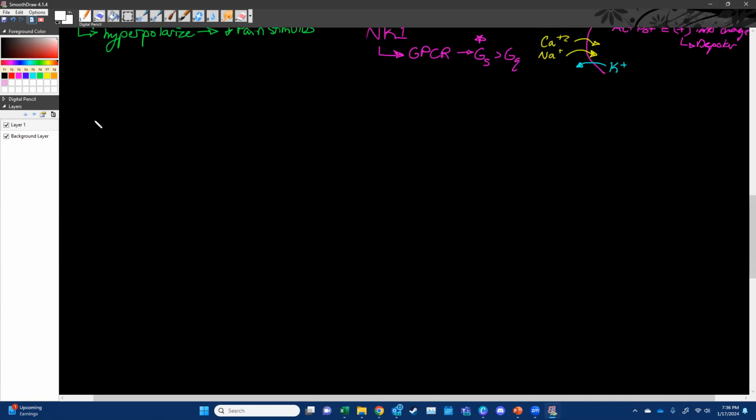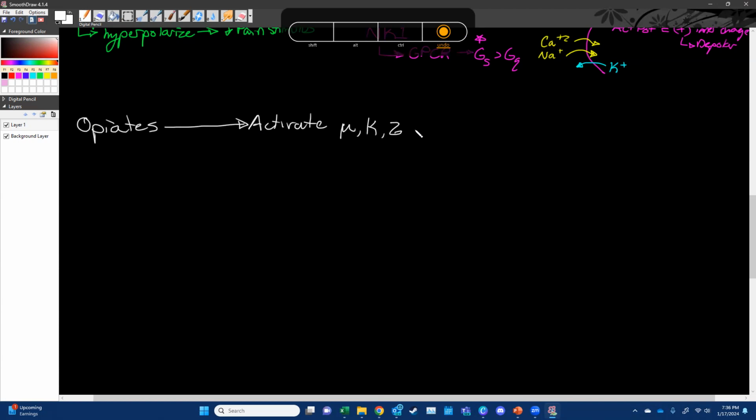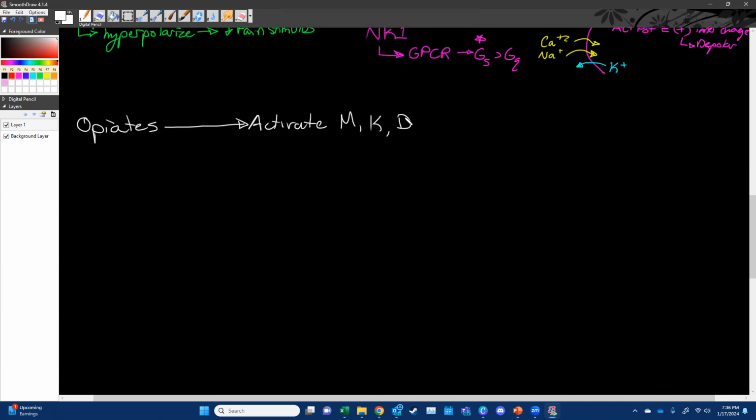In general, what we are going to be looking at is how opiates will activate the mu, kappa, and delta receptors.